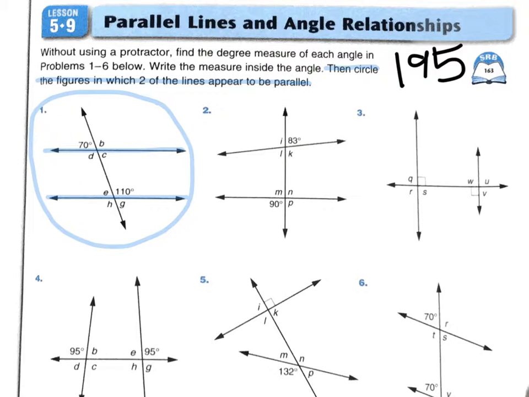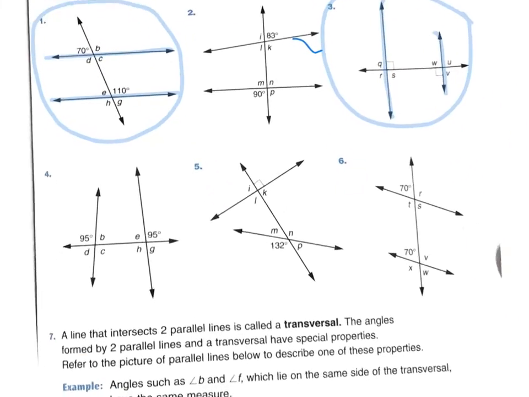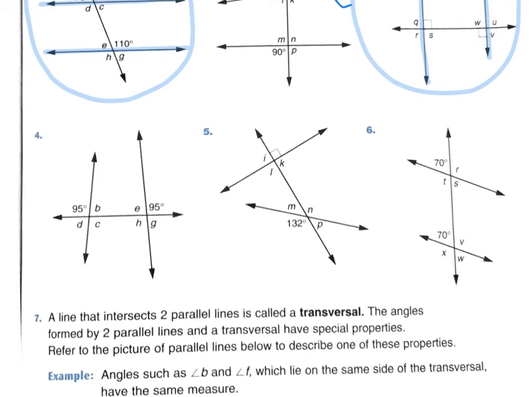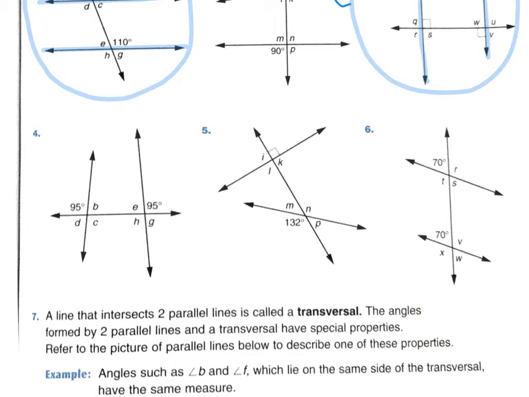Number 3, my vertical lines are parallel, so you should circle number 3. Number 4, if we scoot down and look at number 4, again, they're just a little bit tilted, so those are not parallel. Number 5, they are really tilted, so those are not parallel. Number 6, they look kind of off, but if I do highlight these, I can see that those are definitely parallel.